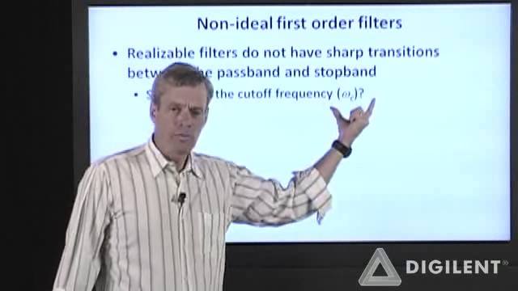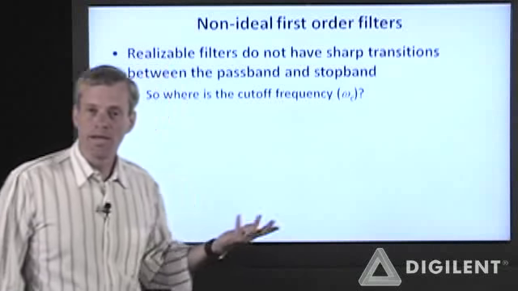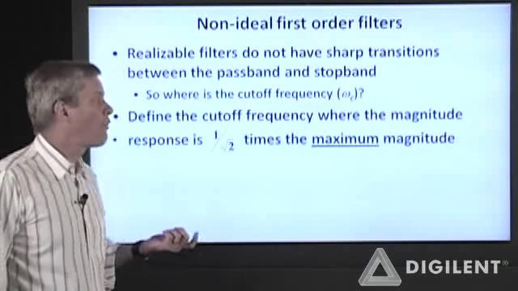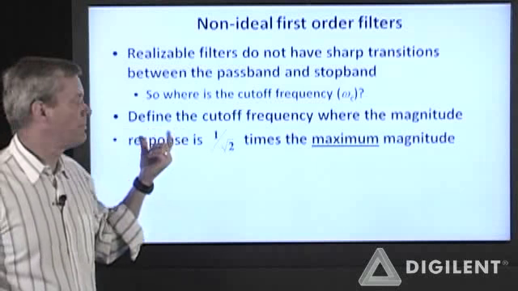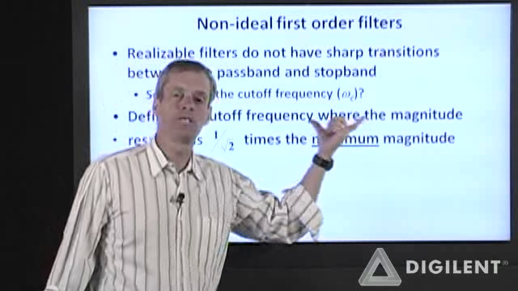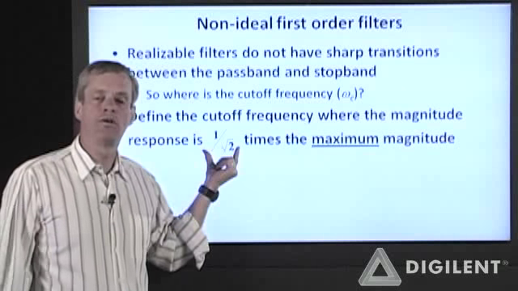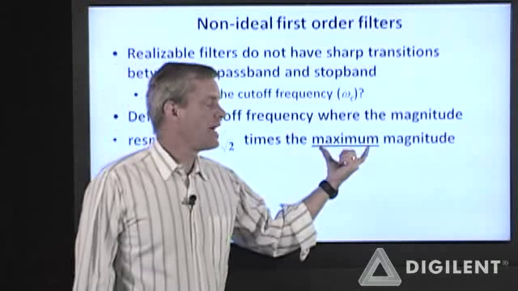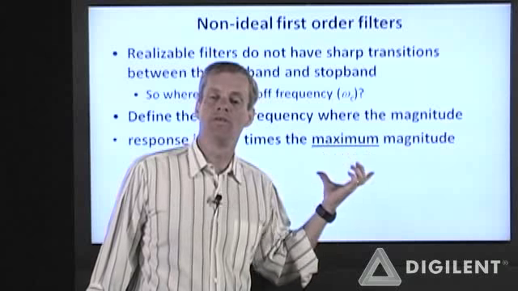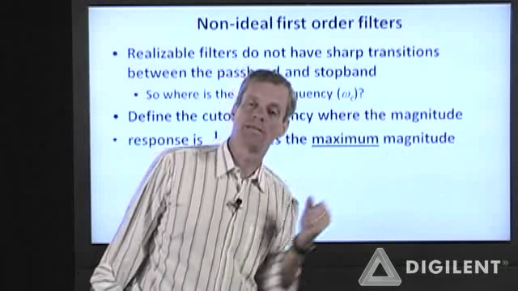So where do we put that cutoff frequency, omega sub c? Well, rather arbitrarily, what people do is define the cutoff frequency to be the frequency at which the magnitude response is 1 over the square root of 2 times the maximum magnitude that is in the magnitude response of the system.